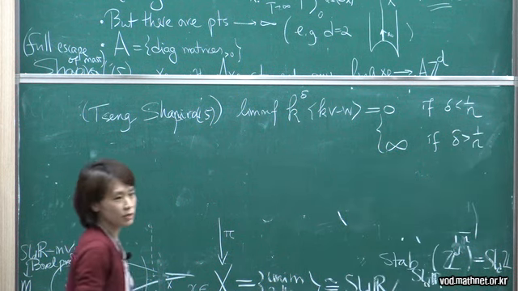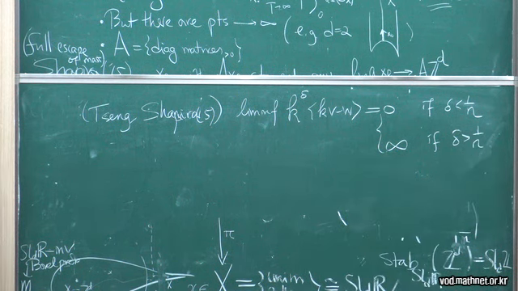So the real question is what happens when delta equals 1 over n. That's why people are interested in the exponent 1 over n.